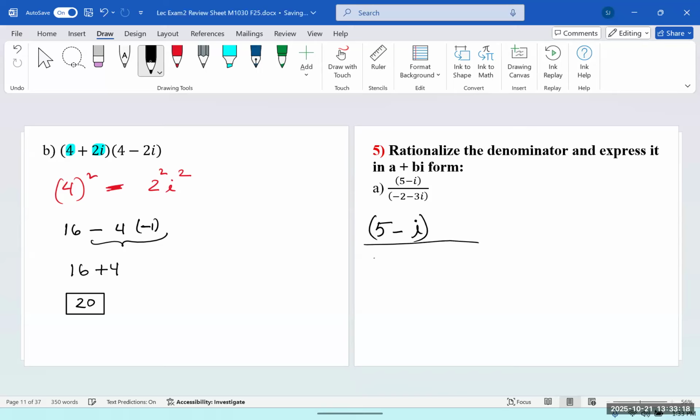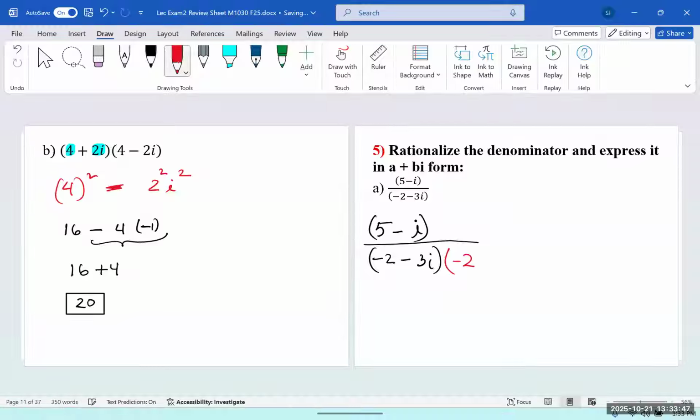On the denominator, we have negative 2 minus 3i. So, do you multiply by the conjugate of the numerator or conjugate of the denominator? Which one?